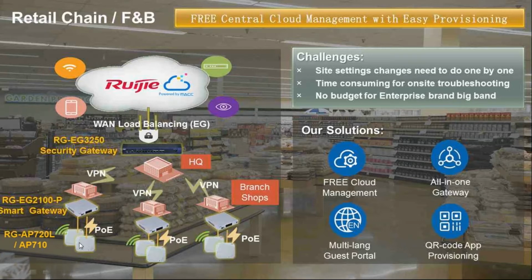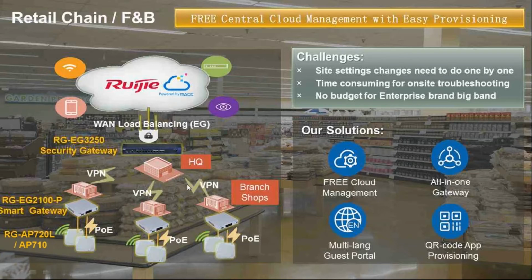So all the users or all the staff in the branches will use the VPN tunnel back to the HQ. If their server or database is in their HQ, all the branches can connect back to the HQ database using the IPsec VPN.